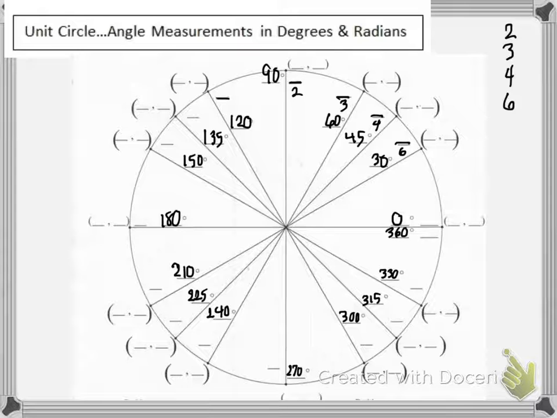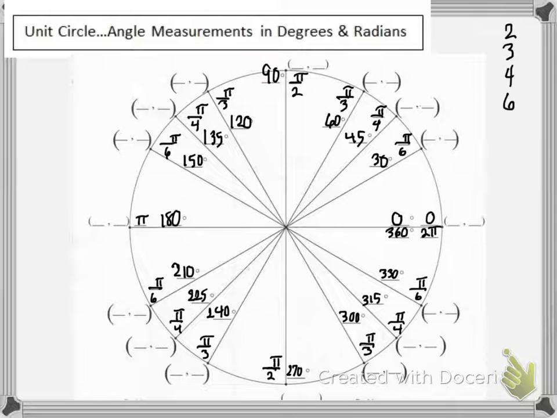Over here, at the top, 2, 3, 4, and 6. Go to the bottom, same thing. 2, 3, 4, and 6. At the bottom, 2, 3, 4, and 6. Every one of these has a pi on top of it. Pause so I could get all those pi's drawn quickly.